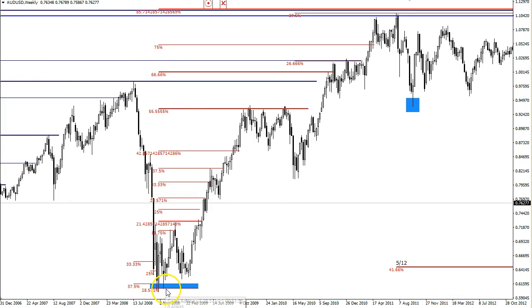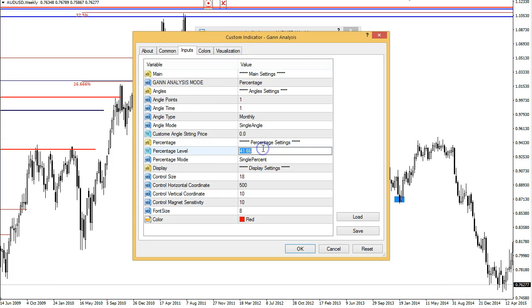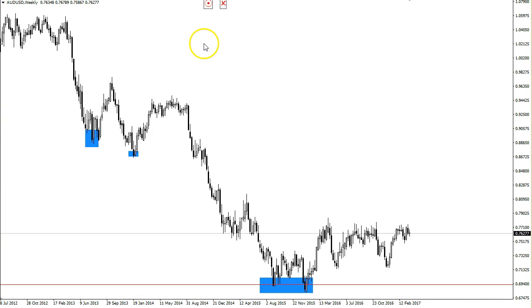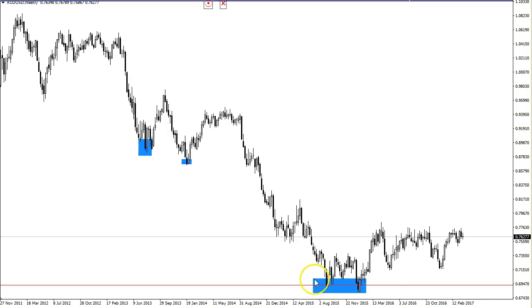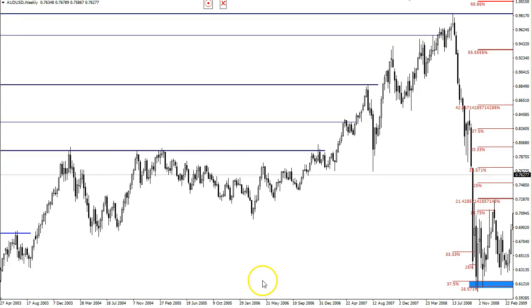We can see that here we stop at 28.571 and 37.5. Let's put these percentages first. 37.5. We can see that it stopped the market here. Bear in mind something, every time it's broken by a bit.